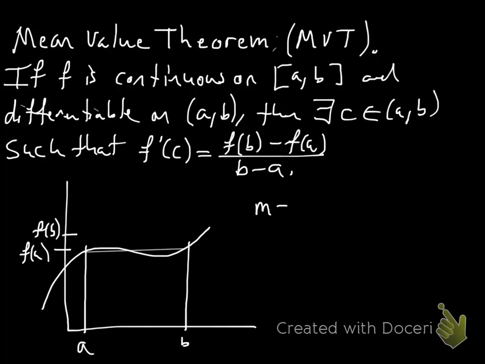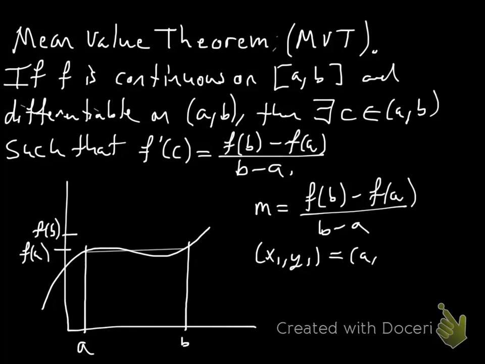And this is kind of nice, especially when we prove the fundamental theorem of calculus. So if we want to find the secant line, the slope is just going to be the difference in the y coordinates over the difference in the x coordinates, and then we're going to use our point (x1, y1) as (a, f(a)) in the point-slope formula.